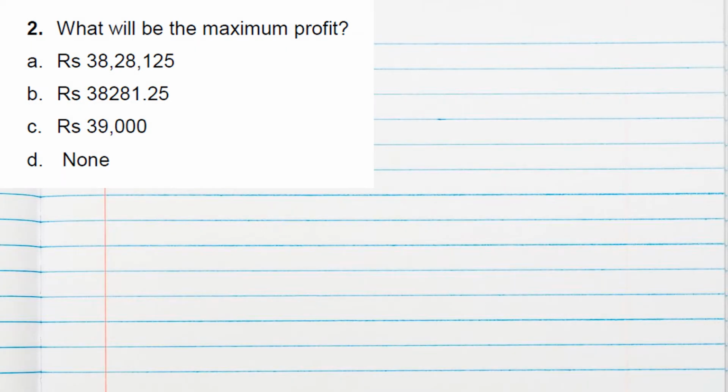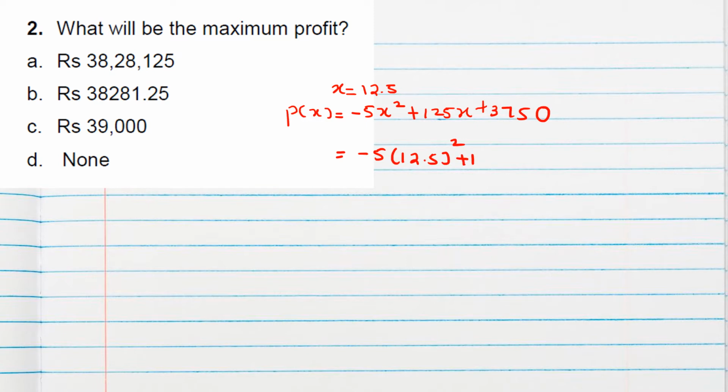Question number 2 is what will be the maximum profit? So now we know that at x equal to 12.5, this profit will be maximum. So x equal to 12.5 we will substitute in the profit function, which is minus 5x square plus 125x plus 37500. Now minus 5 into 12.5 square, 125 into 12.5 plus 37500.